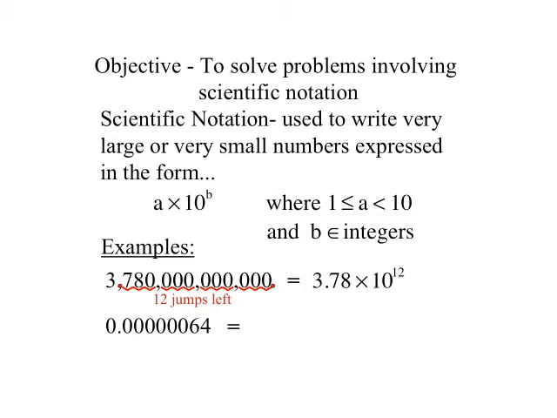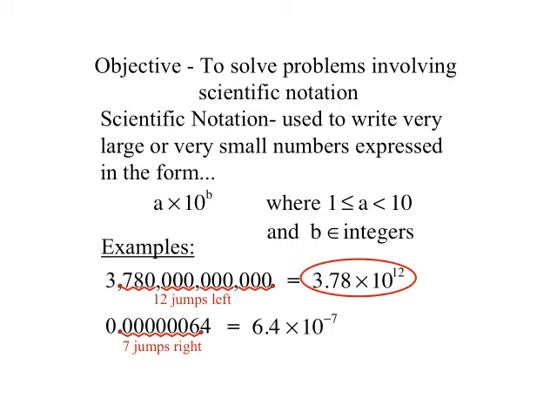So now we're going to take that decimal, and this time I'm moving to the right. To get it between 1 and 10, I have to place it between the 6. So that means I need to jump it 1, 2, 3, 4, 5, 6, 7 times. This time I'm going to write 6 4/10 times 10 to the negative 7th power.